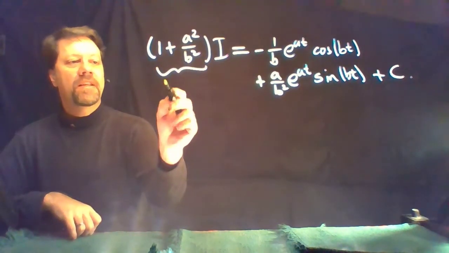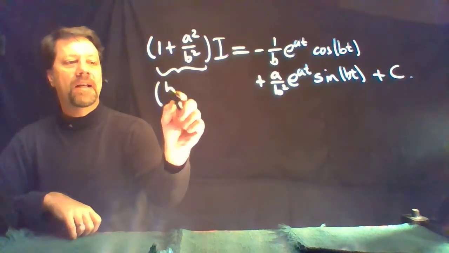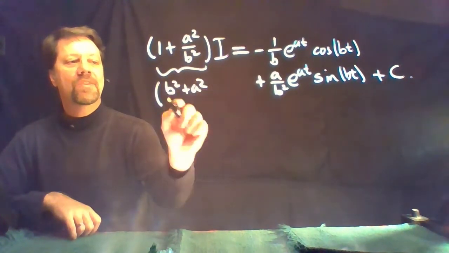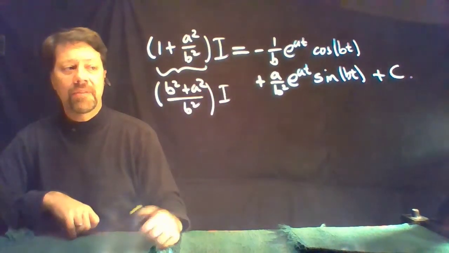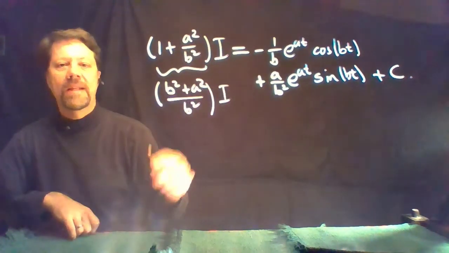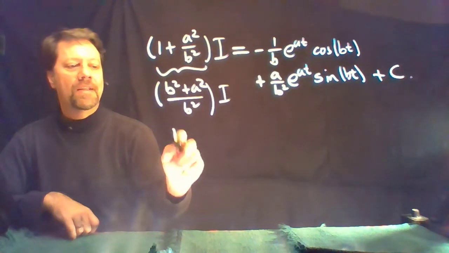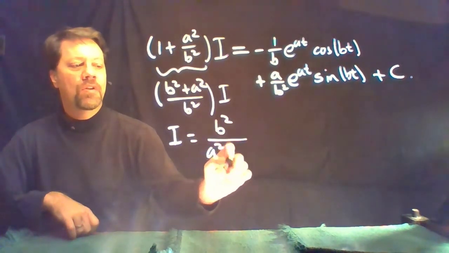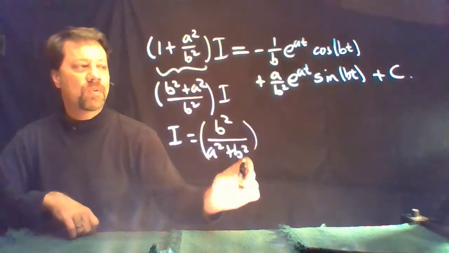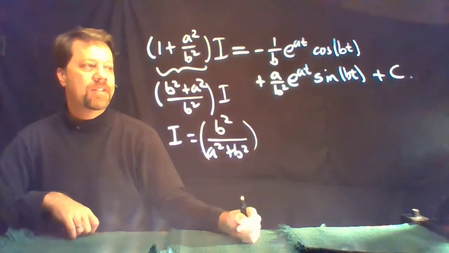This factor here can be represented by b squared plus a squared over b squared times the I here. To get rid of this fraction, we need to invert and multiply so that the original integral is b squared over a squared plus b squared times the rest of this.